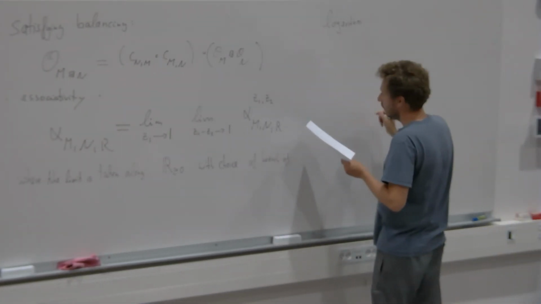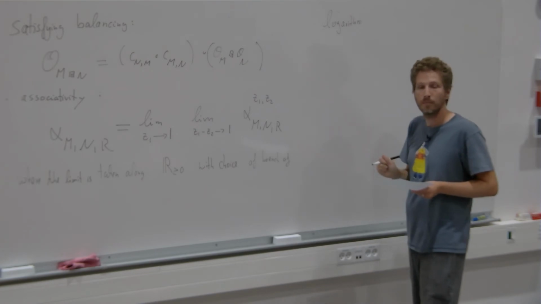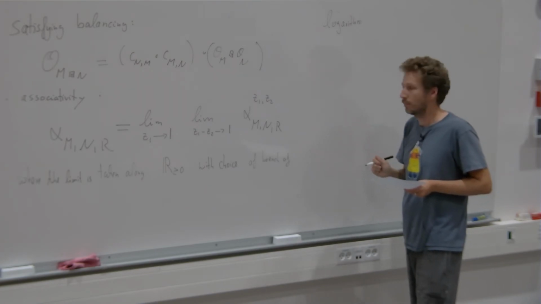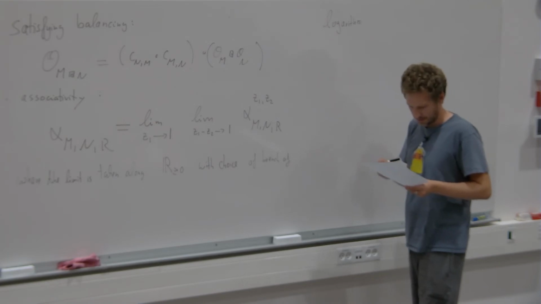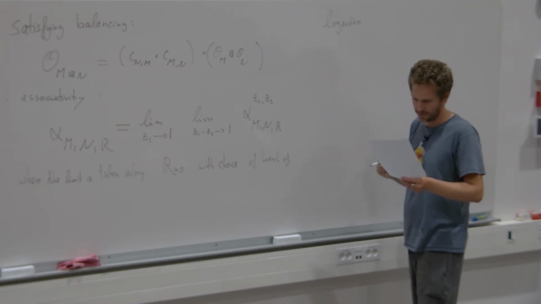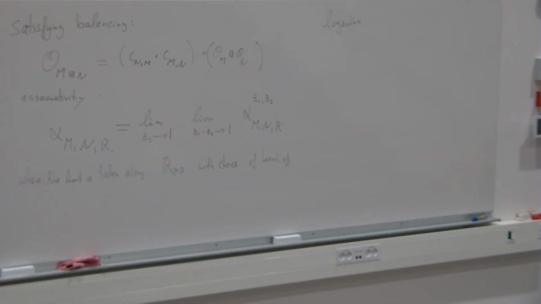Why is z1 minus z2 to 1 a limit at all? I thought it was just defined as z1 minus z2. Yeah, I'm actually wondering whether I have a typo here and it should say 0. Let me look this up.